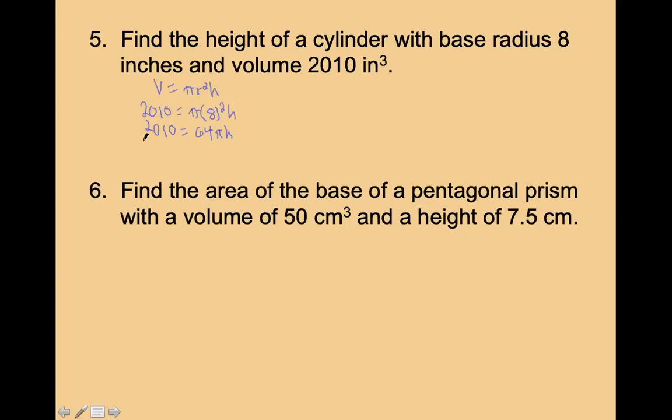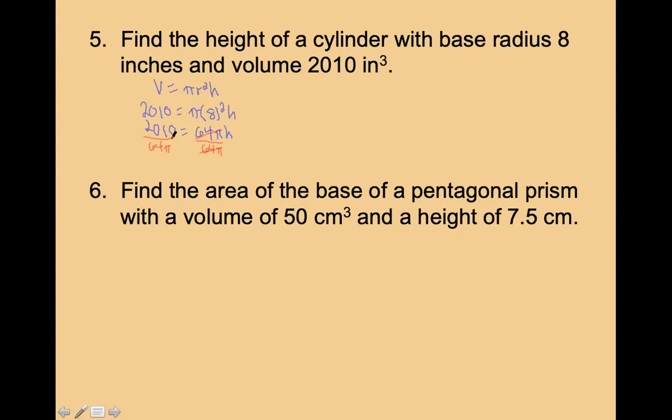Go back up. I'm going to divide both sides by 64 pi so that I can get the height all by itself. So I have 2010 divided by 64 pi. I divide this side by 64 pi. And when I do that, I'll be left with the height.